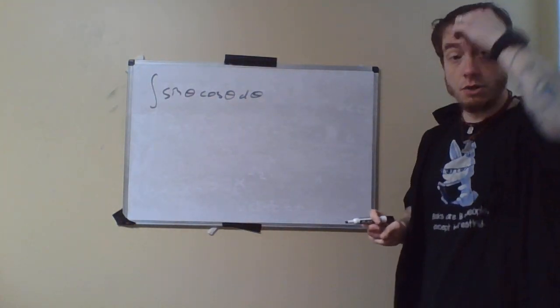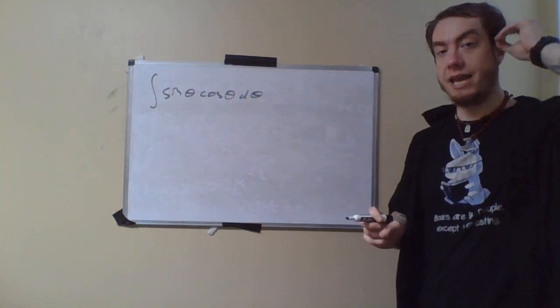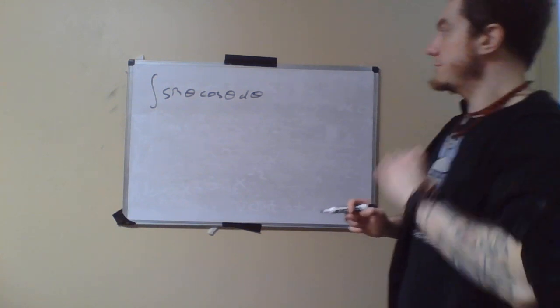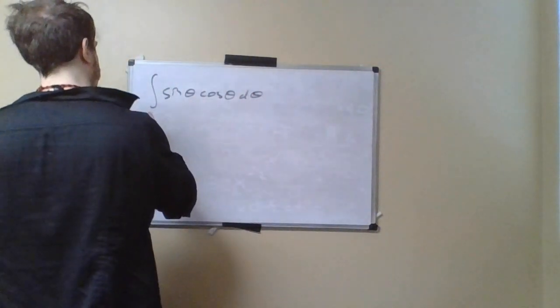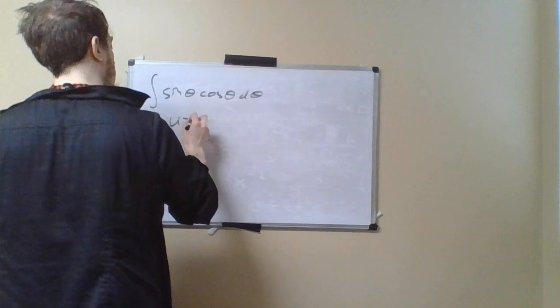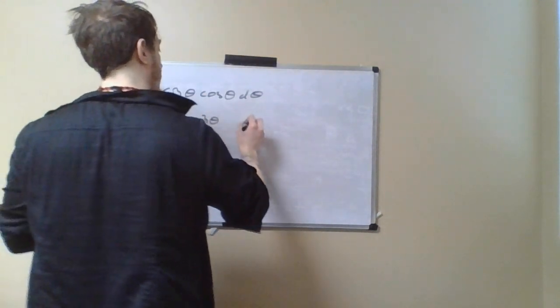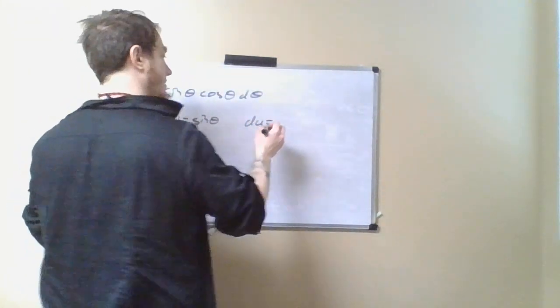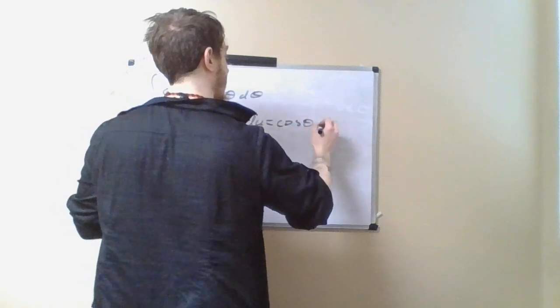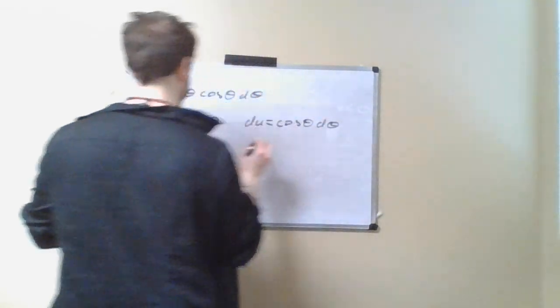Well, one way that I could do this is to use a substitution. Let u be equal to sine theta. Then du is equal to cosine theta d theta.